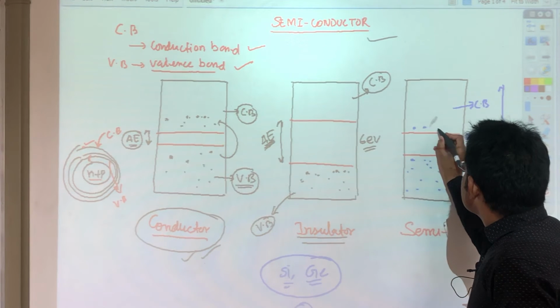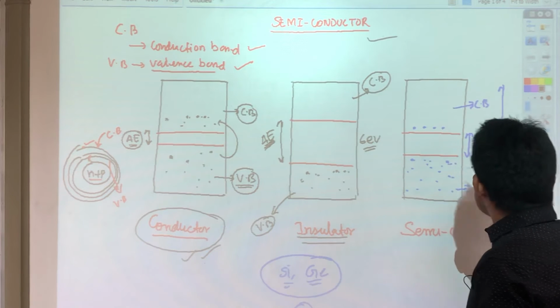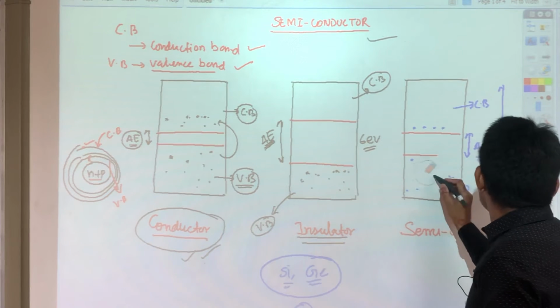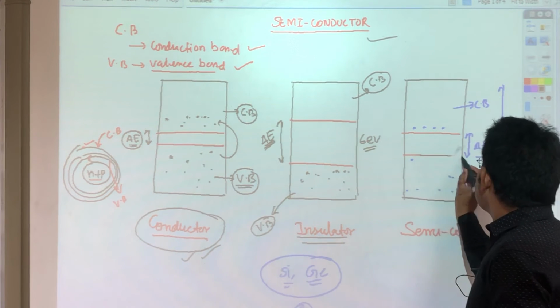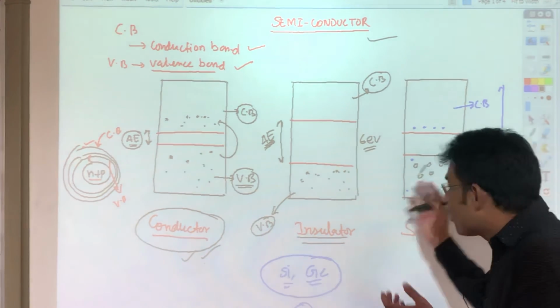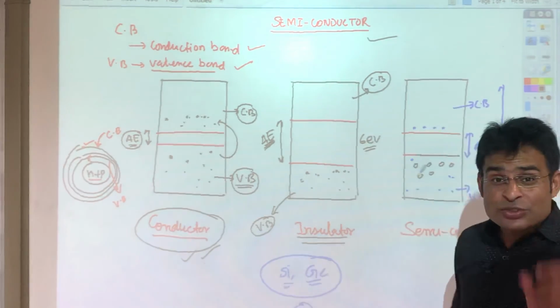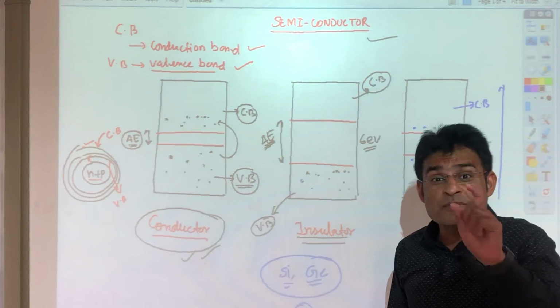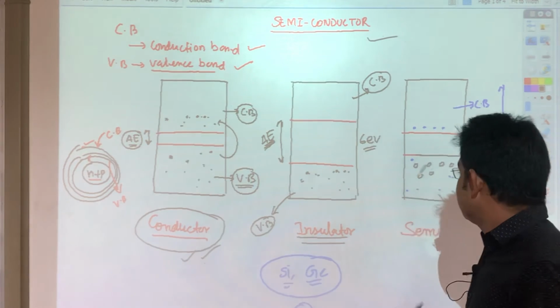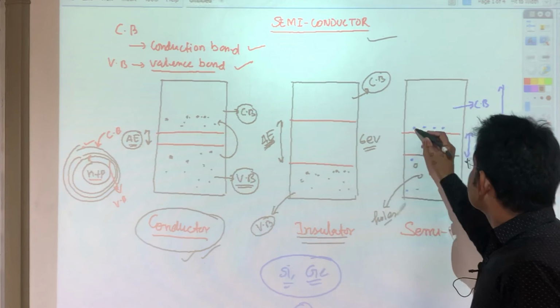When they jump, a gap is created over here. That is called a vacancy of electron. When an electron jumps, it reaches the conduction band, so there is a vacancy of electron in the valence band. That vacancy is called a hole.